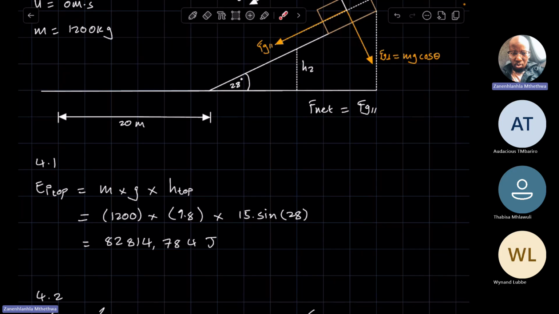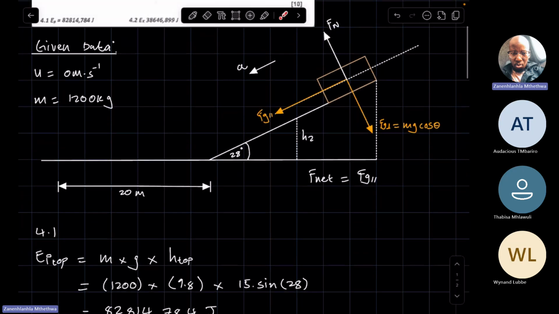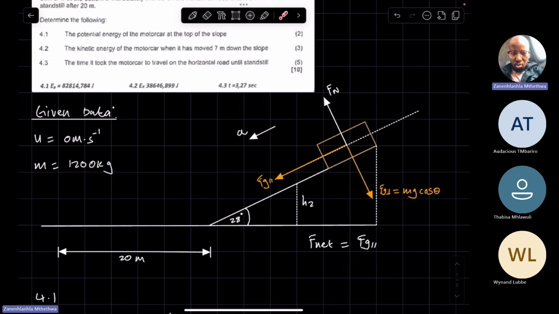Now, as far as us having to calculate time, it means we are going to have to make use of an equation of motion. What are they called again? Another term for equation of, oh yes, it is equation of motion. So either equation of motion or kinematic equation, that's one and the same thing.